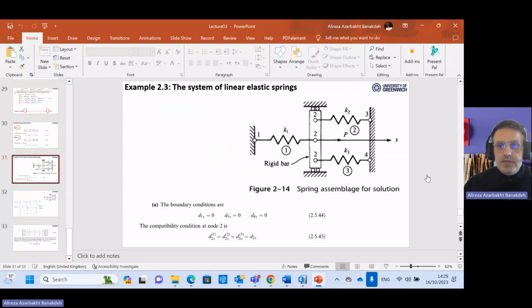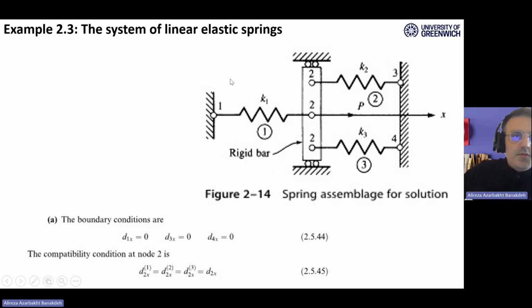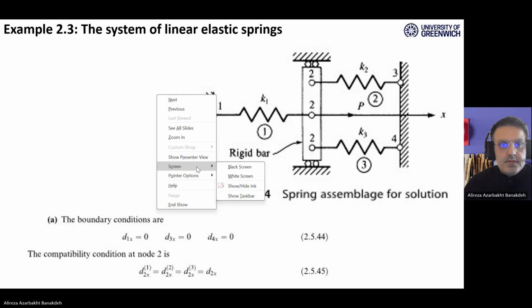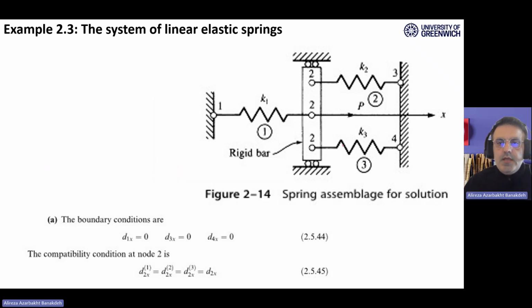Hello, everyone. As I promised in last session, I'm gonna review example 2.3 in the slides we had last week. As you see, here we have sort of spring assemblages, but it's a little bit different from the previous examples since we have three springs and the left one has K1 as the spring constant.